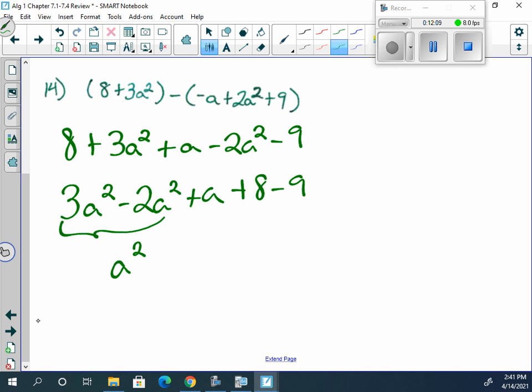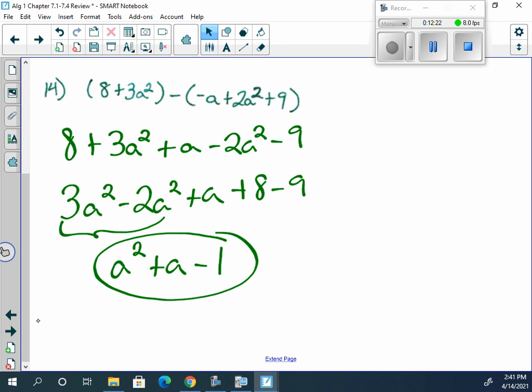Since we're subtracting it, the negative and negative made a plus a. So we end up getting plus a, and 8 minus 9 would be negative 1. Any questions on this one here?